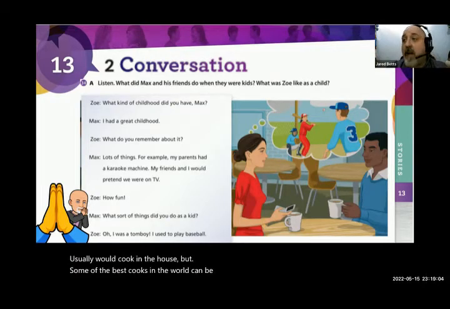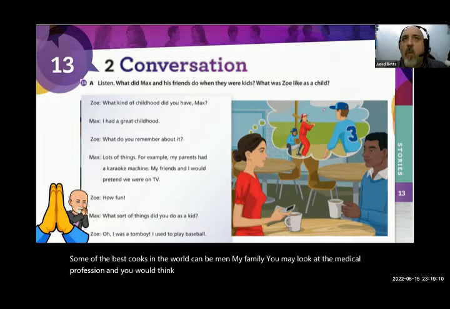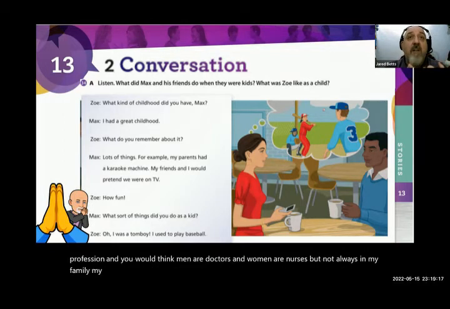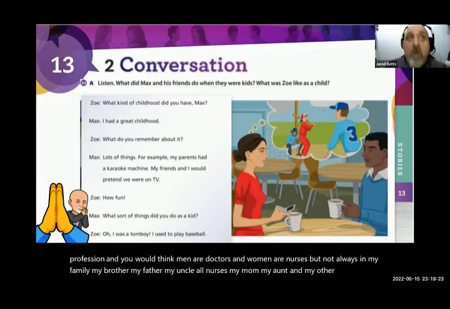In my family, you may look at the medical profession and you would think, oh, men are doctors and women are nurses, but not always. In my family, my brother, my father, my uncle, all nurses. My mom, my aunt, and my other aunt also nurses.